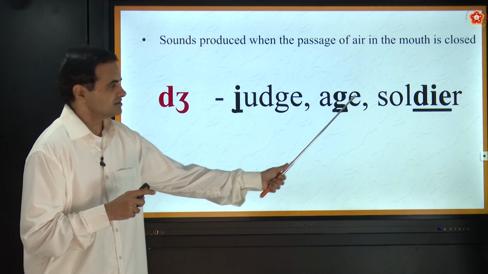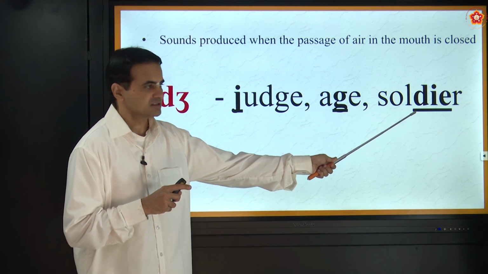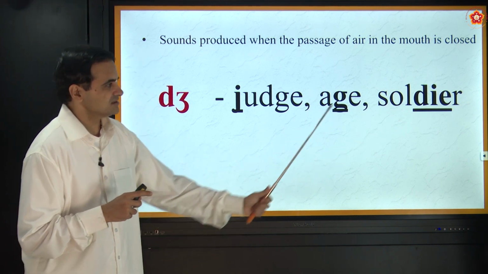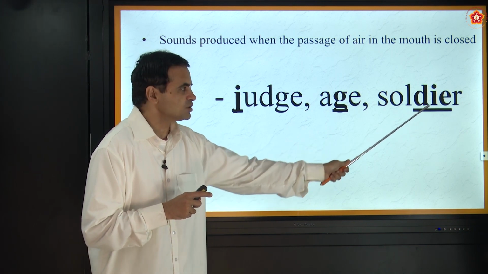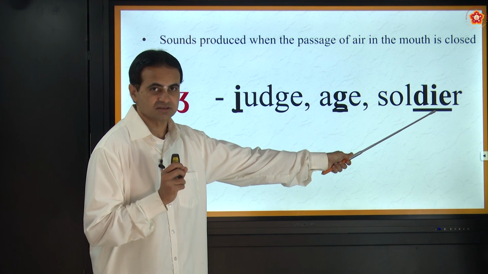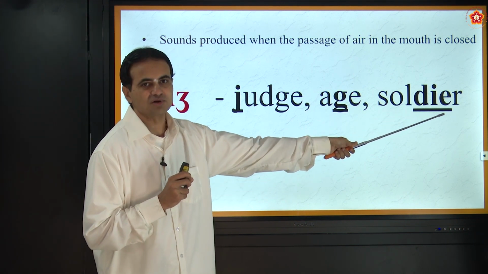Here it is soldier. Here it is D-I-E-R, but still the pronunciation is J. And here it is G, totally different from these 4 letters.